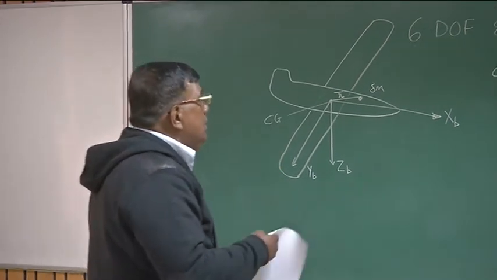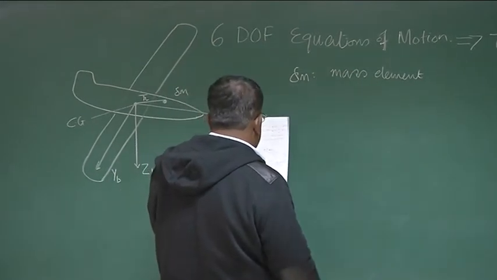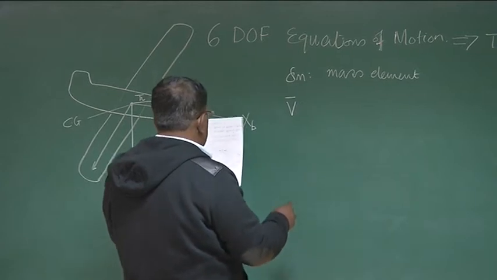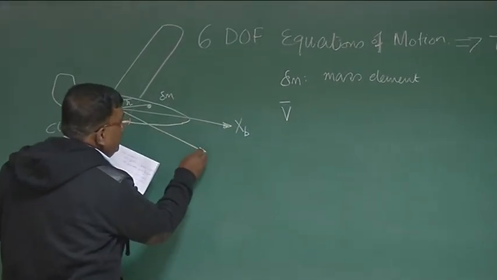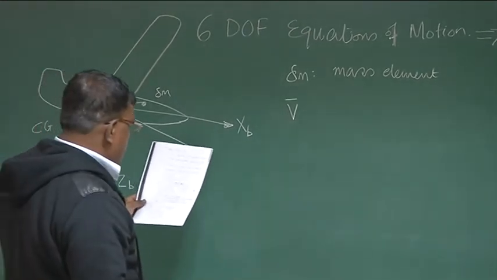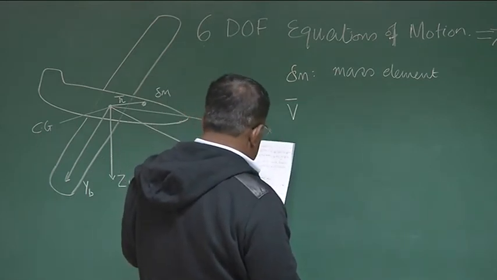So delta m is the mass element under consideration, and V is, let's say, V. What is V? V is the velocity of the mass element with respect to the inertial frame.